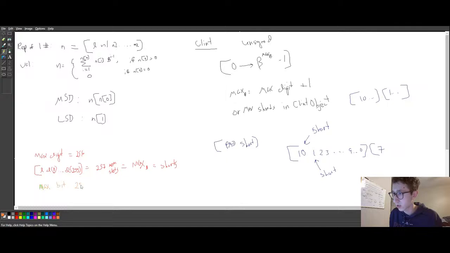You just take the max digit, left shift by 4, which is the equivalent of saying 2 to the 4 times 256, which is 4,096. It's just the power of 2. So 4,096. So we can say this is the max addressable memory.